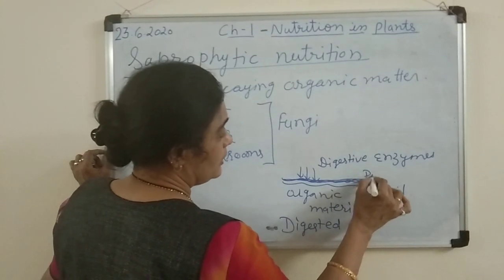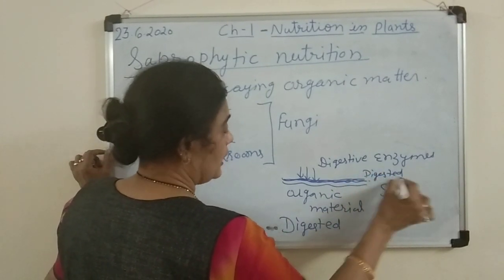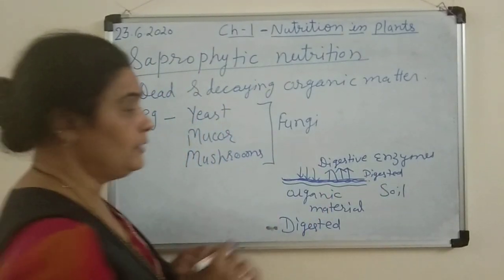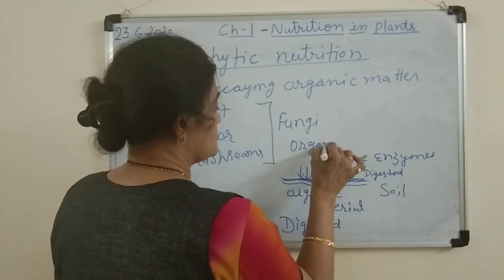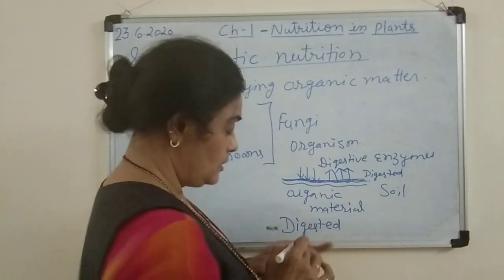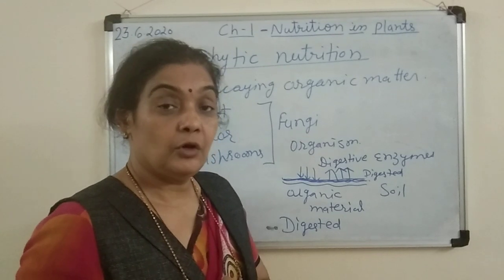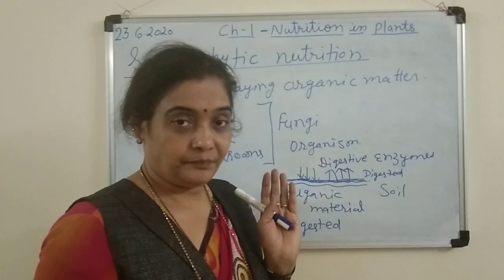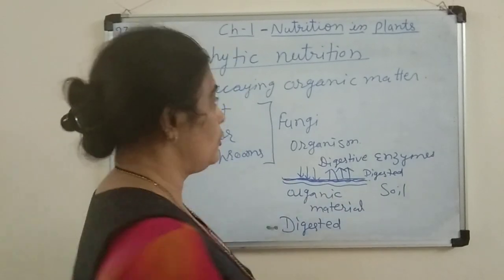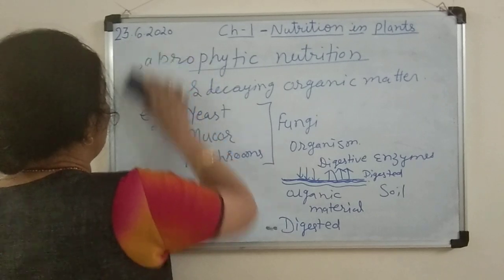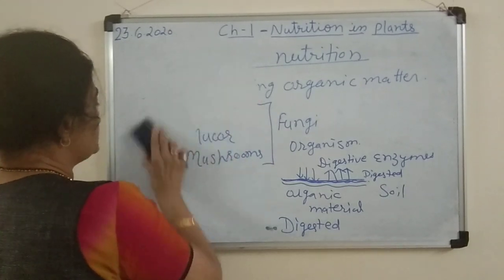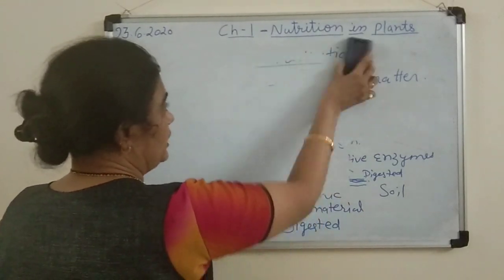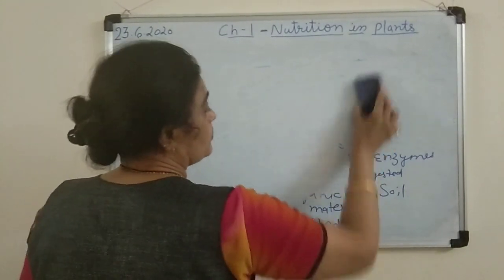And then it is absorbed by the organism. So we know how saprophytic organisms take nutrition from dead and decaying organic matter. So here we have discussed the four types of heterotrophic nutrition in plants: parasitic, insectivorous, saprophytic and symbiotic.